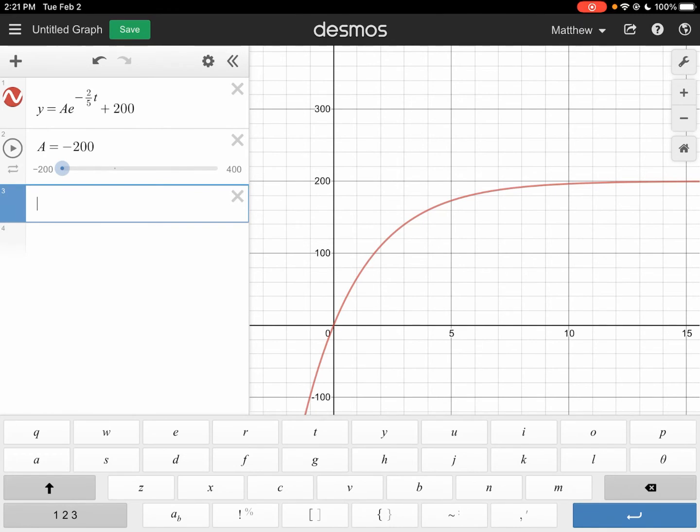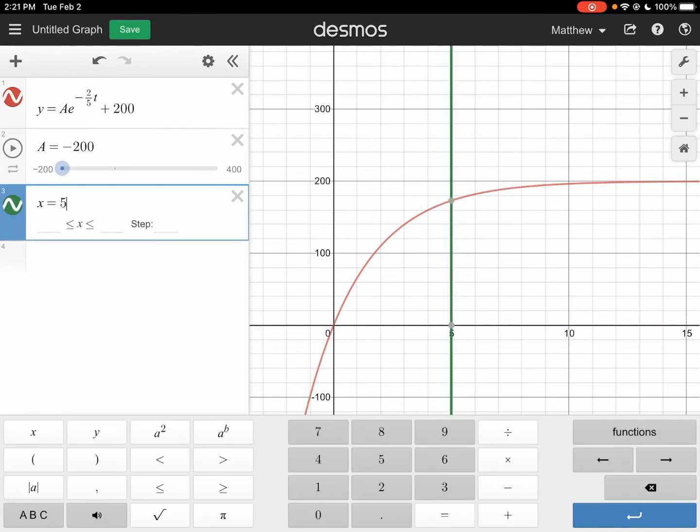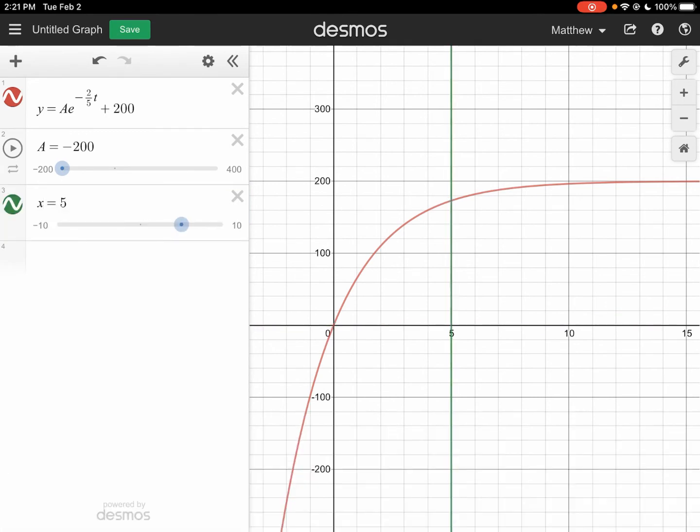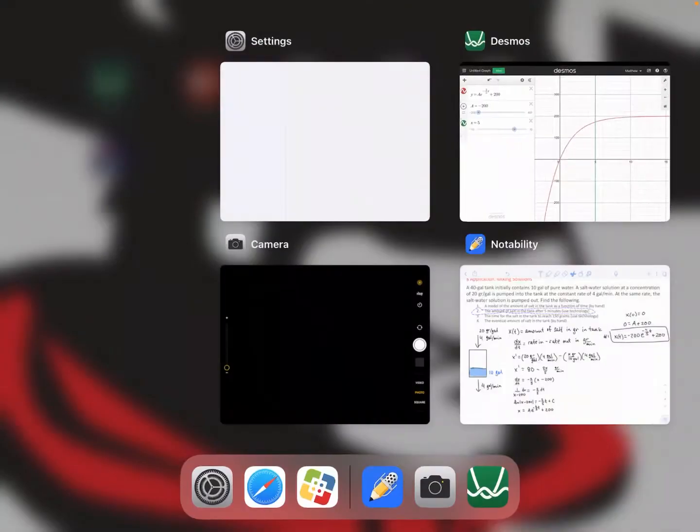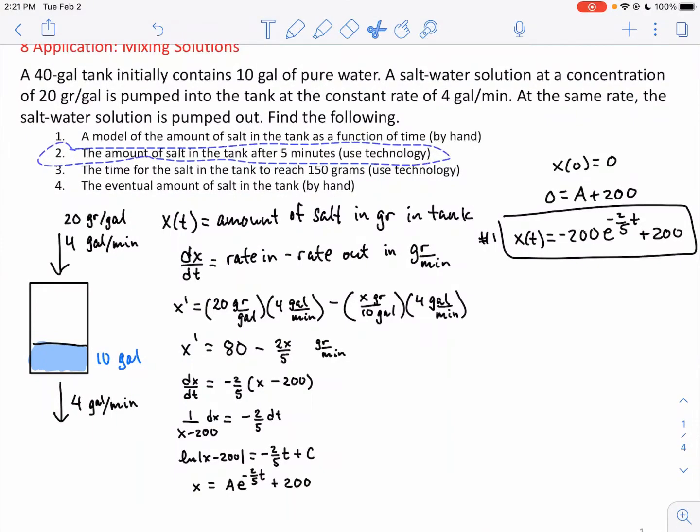because I should be saying t equals 5, but to make a vertical line in Desmos, you have to write x equals. So even though technically my independent axis is t, and my horizontal axis is t, and my vertical axis is x, because we're using x to represent how much salt there is in the tank.